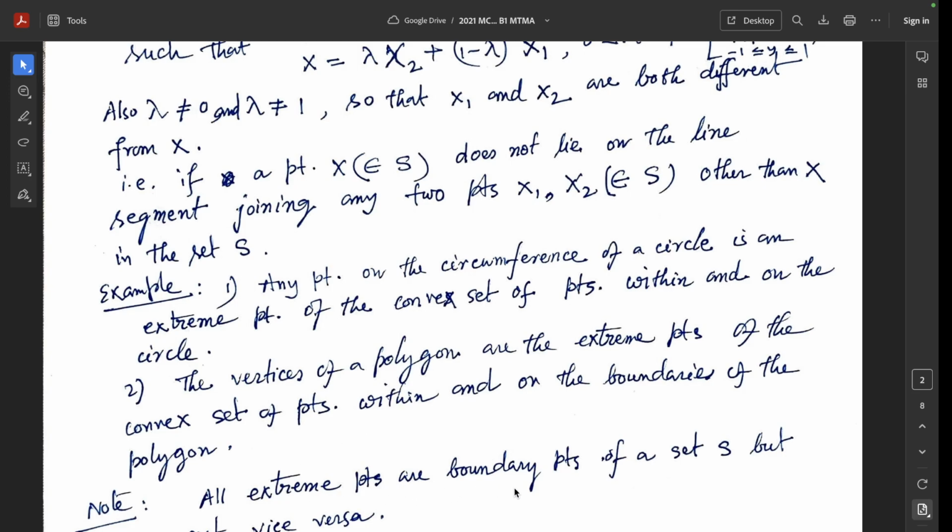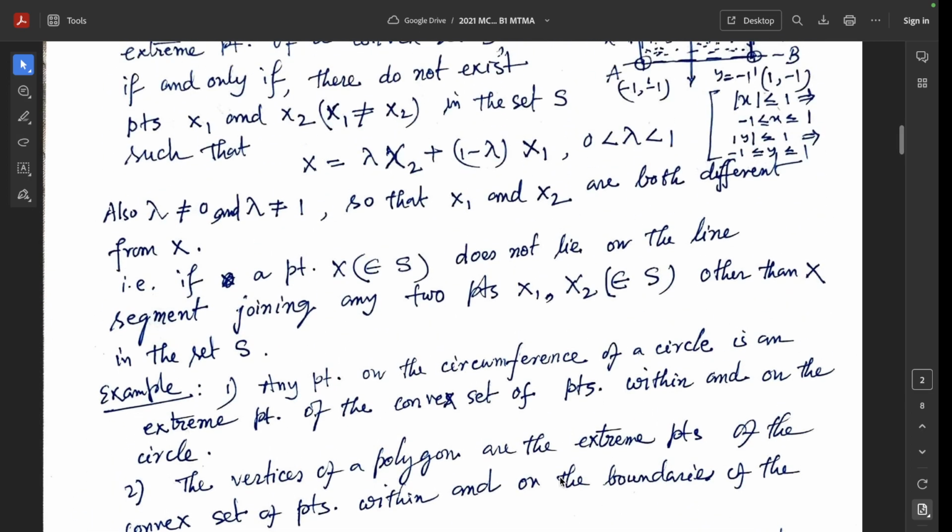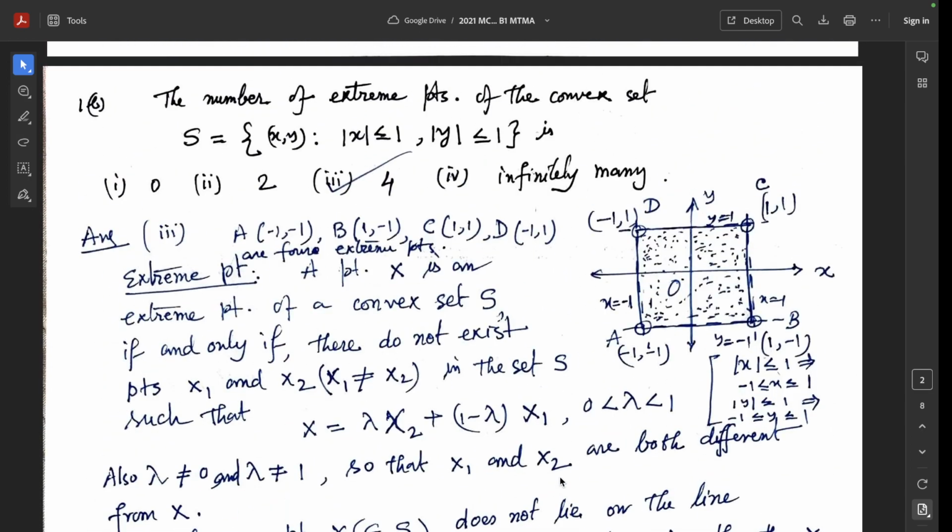All extreme points are boundary points of a set S, but not vice versa. All boundary points may not be extreme points. So the correct option is 3. Number of extreme points here is 4.